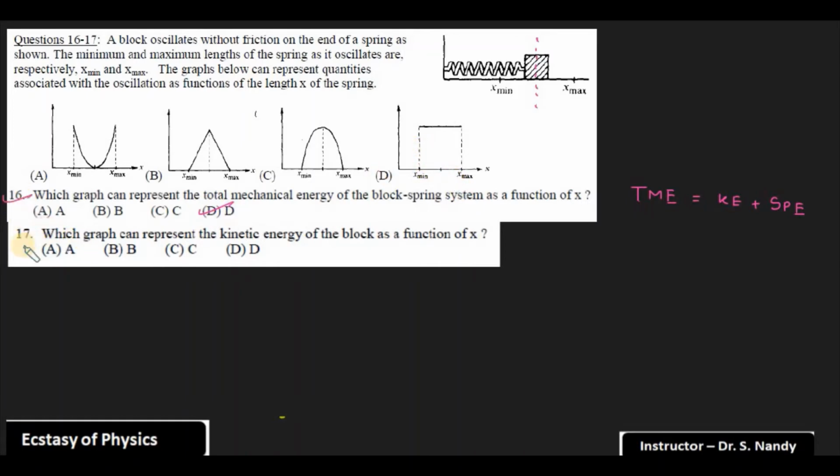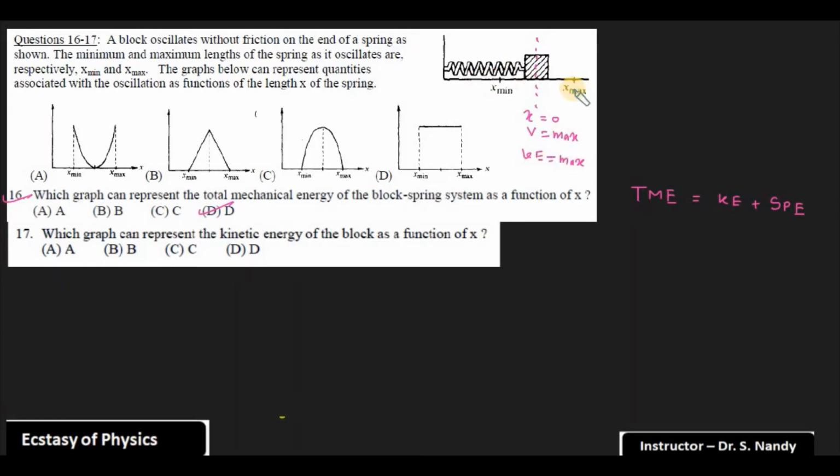Now the next one, 17: which graph can represent the kinetic energy of the block as a function of x? We know that at the mean position, or the equilibrium position, the velocity would be maximum. Since the velocity is maximum, the kinetic energy at the mean position would also be maximum.